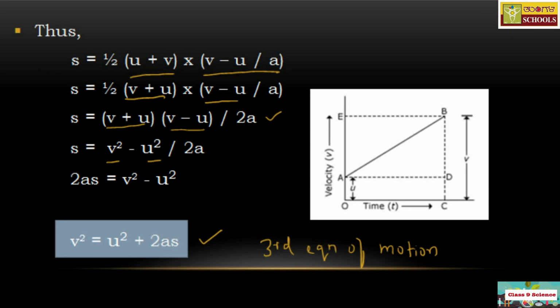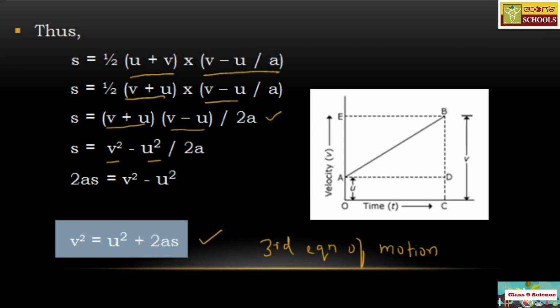So I have a simple suggestion for you to understand these kinds of equations, whether it may be the first equation, second or third. You need to understand the graphical representation of motion. If you know the graphical representation of motion, then you can easily derive these equations, or else it may leave you confused and make all those equations complex.